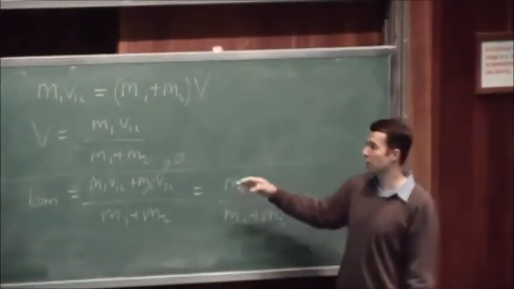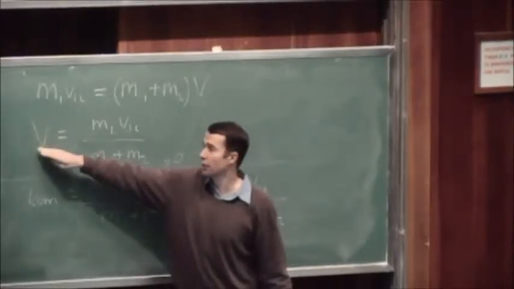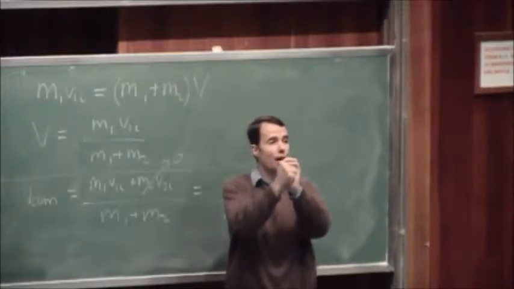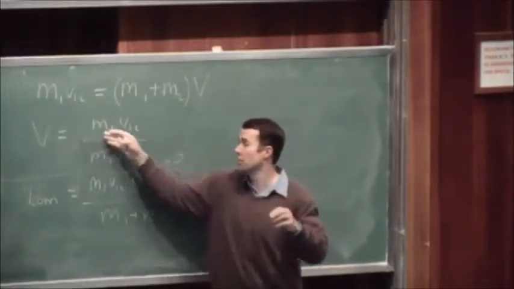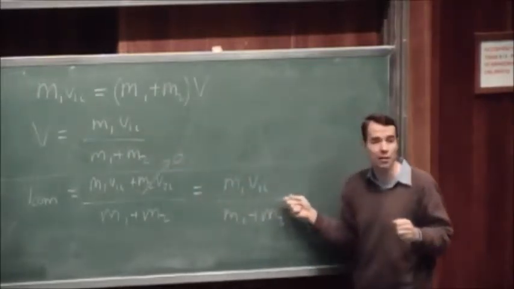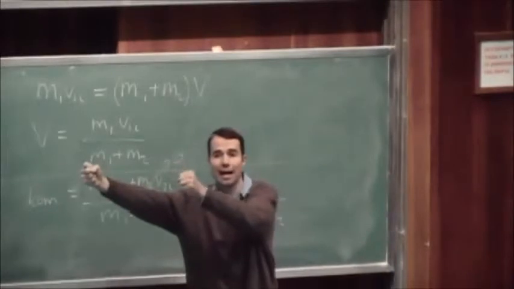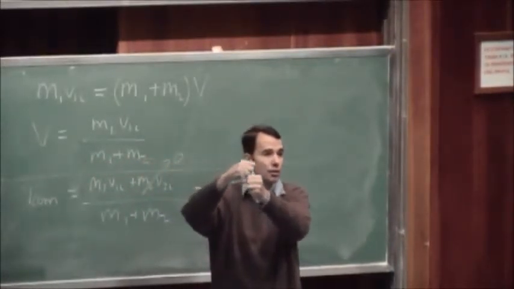This is the same as the velocity of the two joined masses after, and it's the same as the velocity of the center of mass before the collision. In other words, the velocity of the center of mass does not change after the collision.